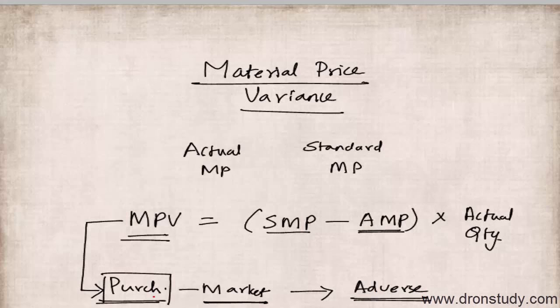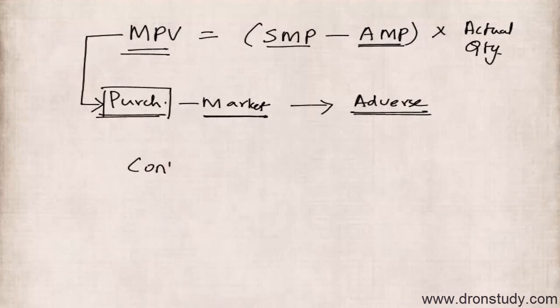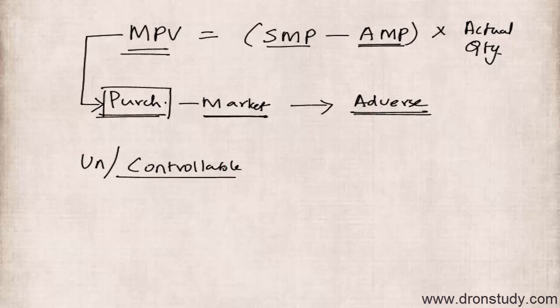So what we have to understand is whether this price variance is because of controllable or uncontrollable factors, because we have both controllable and uncontrollable. If things are within controllable and if there is an adverse variance, then the responsibility should be cast on the particular center or department for not taking correct action.